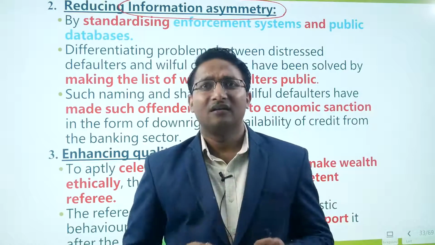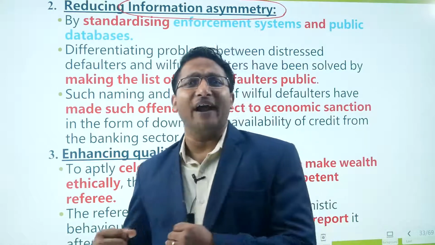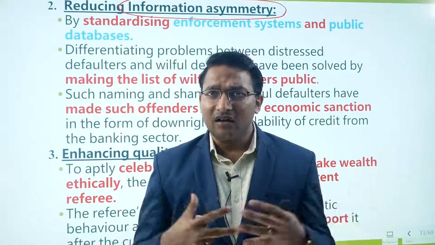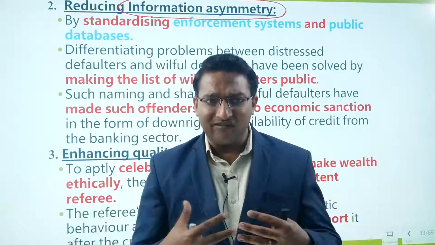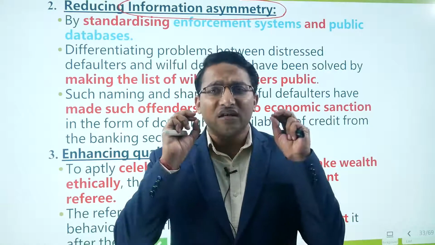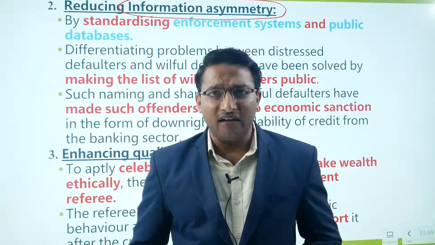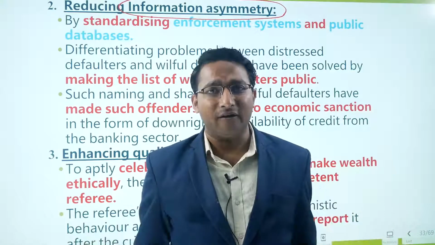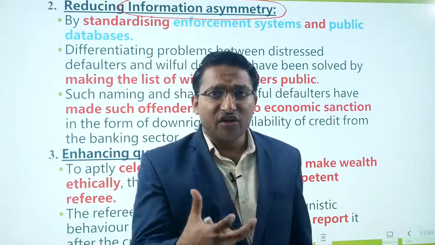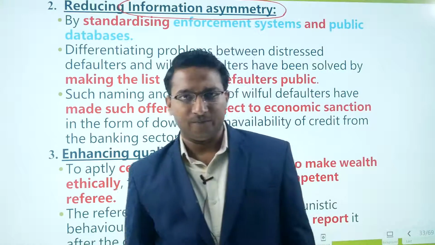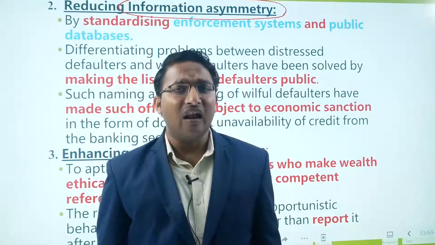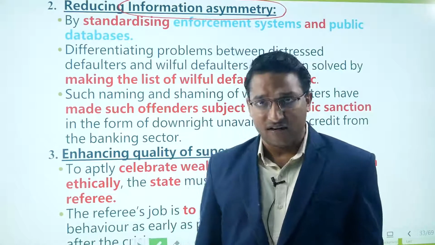You might say, sir, we are in the era of the Right to Information Act, then why are you saying that there is a gap in the availability of information? Friends, even if we are in the RTI era, still there is a lot of information which is not open in the public domain, that is restricted to the public officials only. So even if we are in the RTI era, still information asymmetry is there.